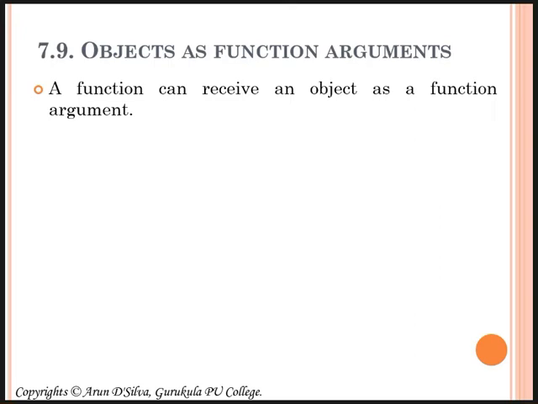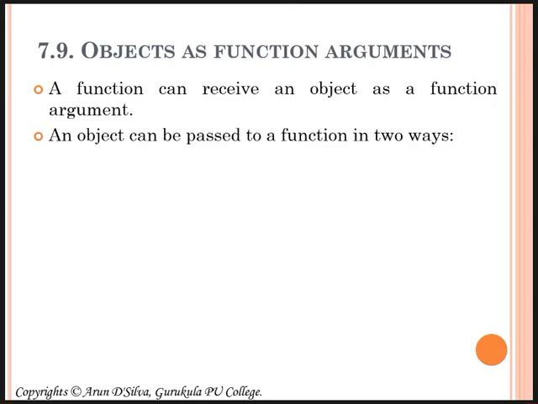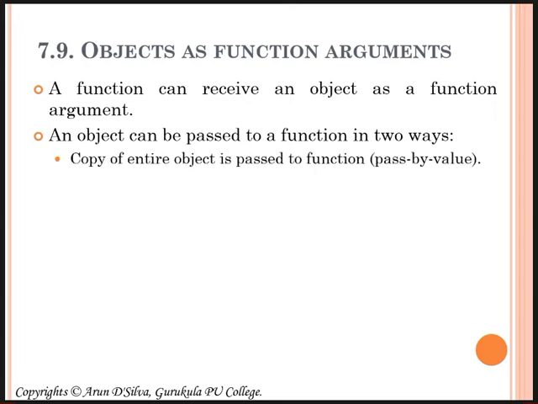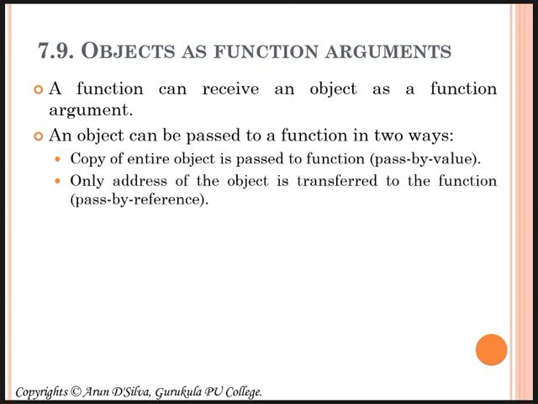An object can be passed to a function in two ways. The first one is where a copy of the entire object is passed to the function, that is pass by value, and the second one is where only the address of the object is transferred to the function, that is called pass by reference.